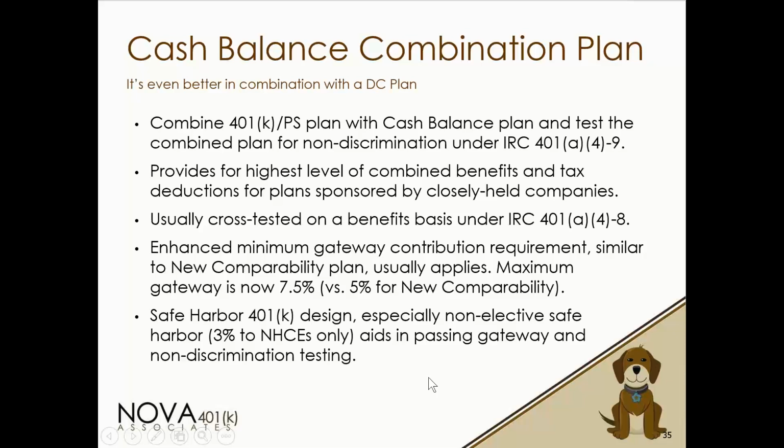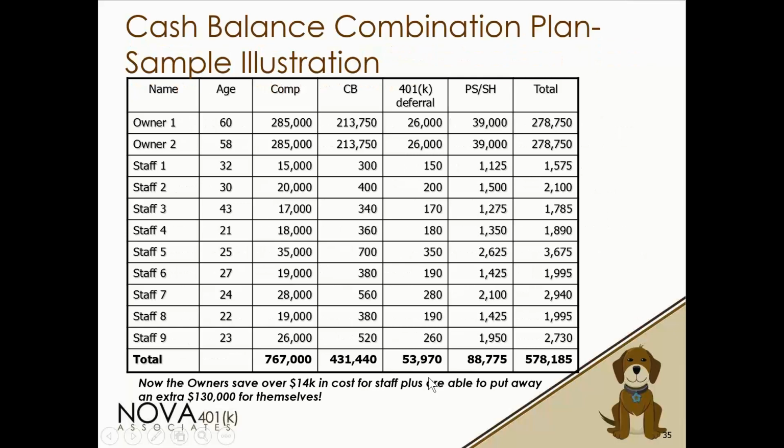And then here's the same example as before, but in this example, the owners get the same cash balance benefit. We reduce the cash balance benefit to the employees from $2,000 to $5,000 down to $300 to $500.